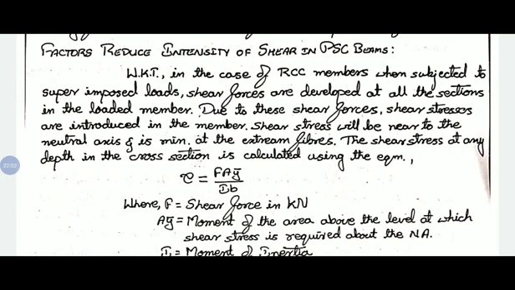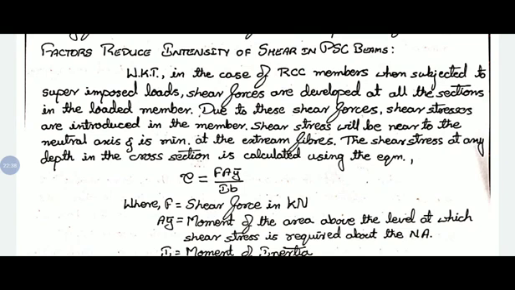The shear stress at any depth in the cross section is calculated using the equation tau equals F A y bar by I B. Here F is the shear force developed in the section in kilonewton, A y bar is the area times the centroidal distance of that particular area, that is, the moment of area above the level at which shear stress is required, about the neutral axis. I is the moment of inertia, and B is the width of the cross section at which shear stress is required.